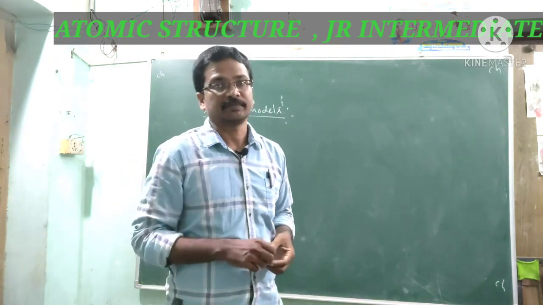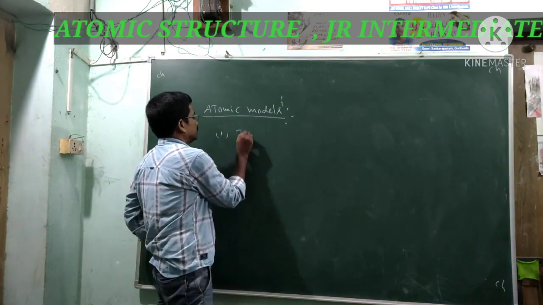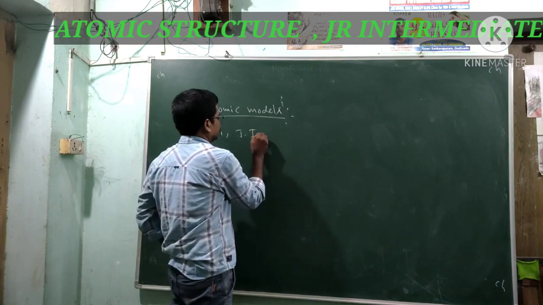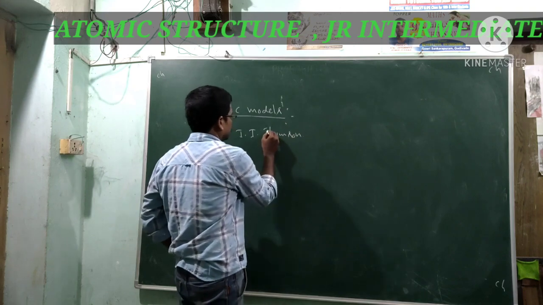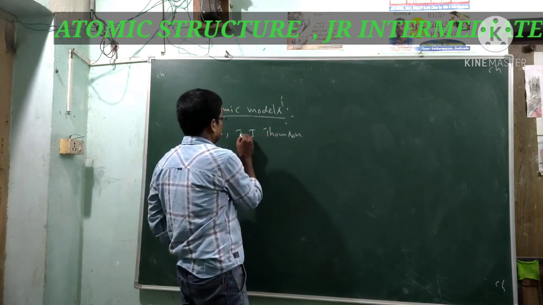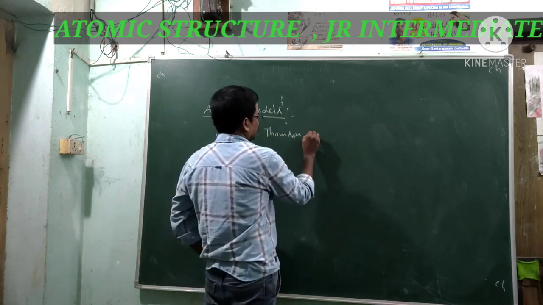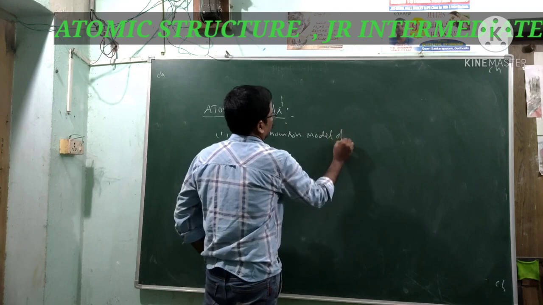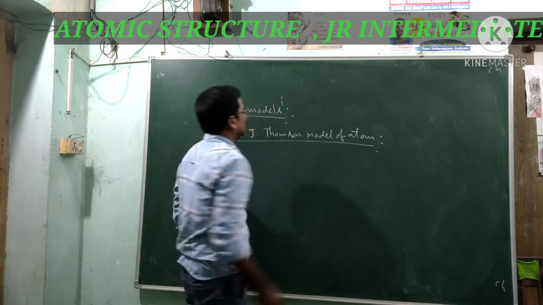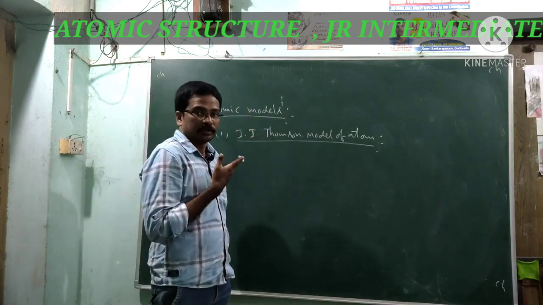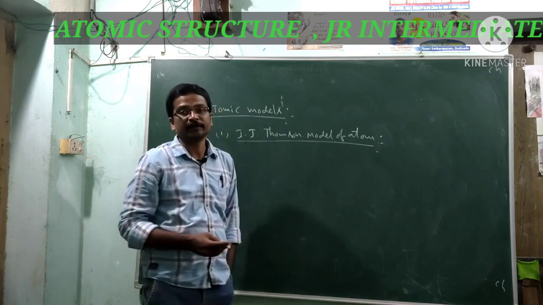One is the Thomson model. The first one is the J.J. Thomson model of an atom.